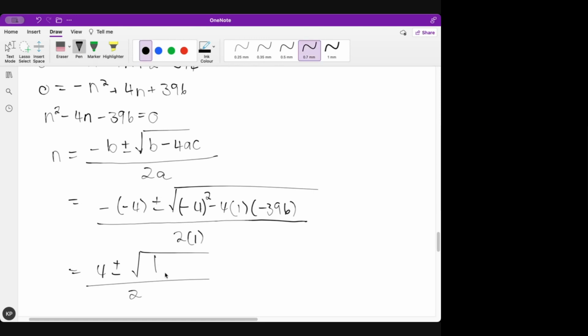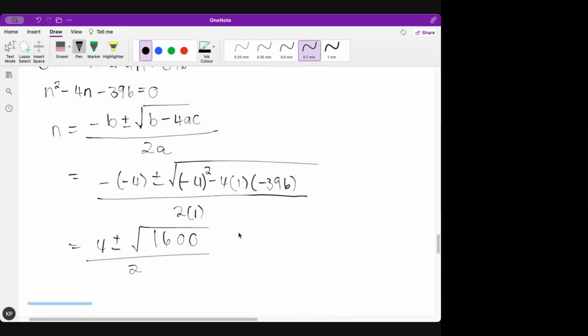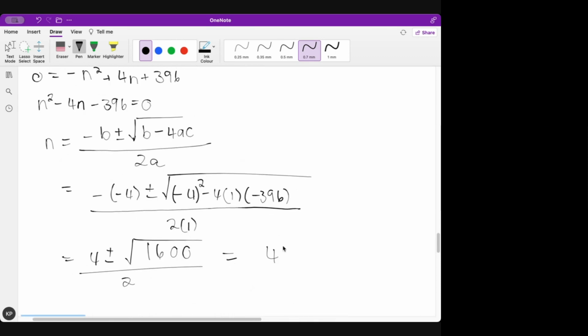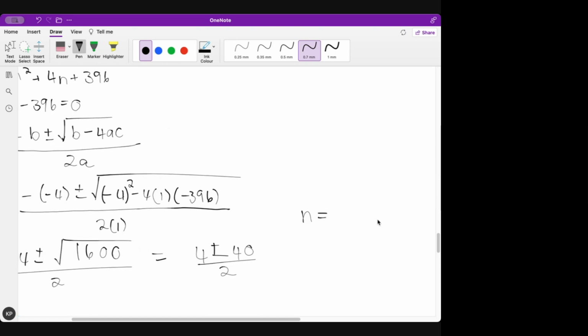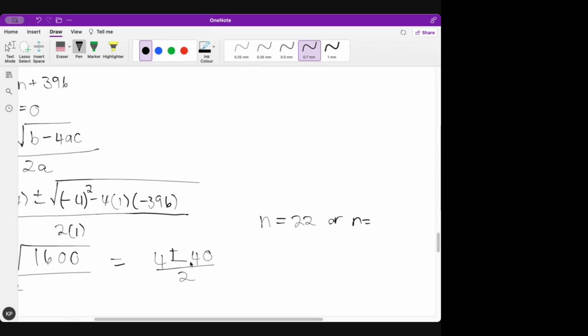So it's the square root of 1,600, which means it's 4 plus or minus 40 over 2. So my n would be 44 divided by 2, which is 22, or negative 36 divided by 2, which is negative 18.